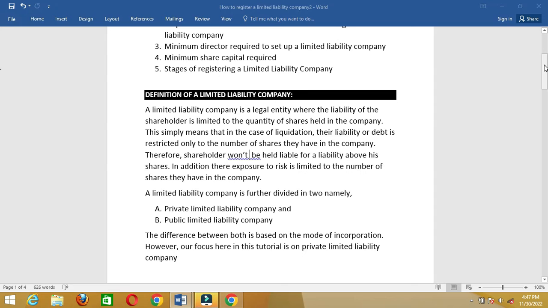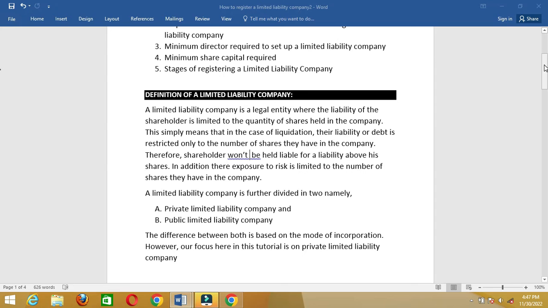You cannot charge her 6,000 or 7,000. Rather, her liability is limited to only 5,000 naira, because that is the value of shares Mrs. Adekunle has in the company. That is the reason it is called a limited liability company. Your debt or your liability is limited.